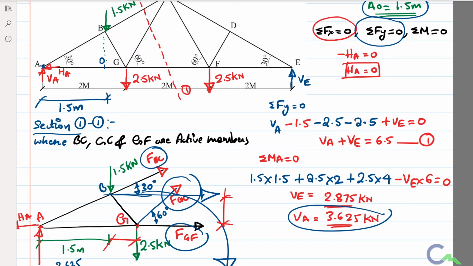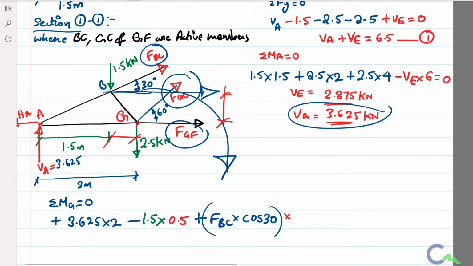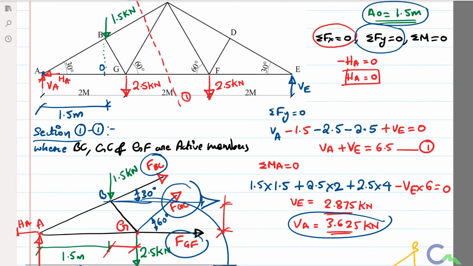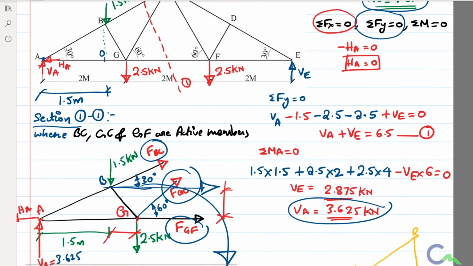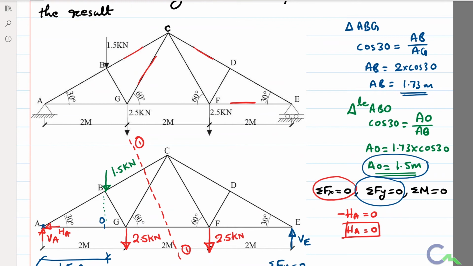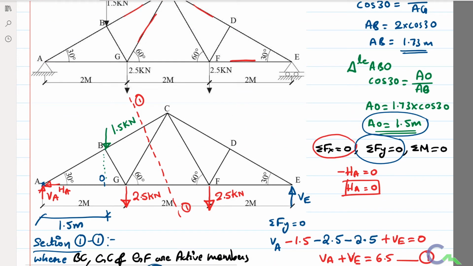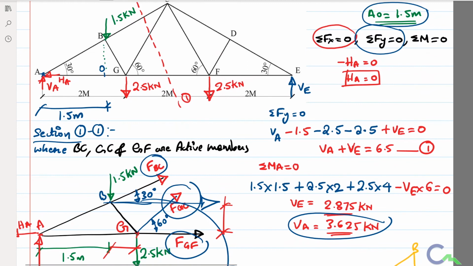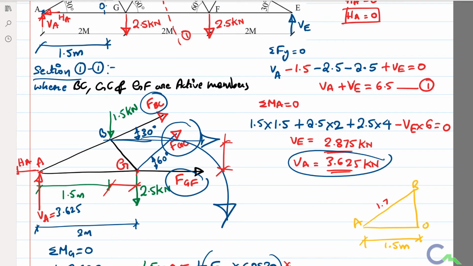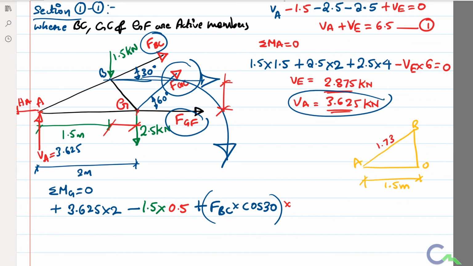In the triangle ABO, we calculated this as 1.5 meter. Also we calculated AB as 1.73. Here we can see that it is 1.73. I will take that one, 1.73. So I want the BO value, that is the perpendicular distance, this distance.